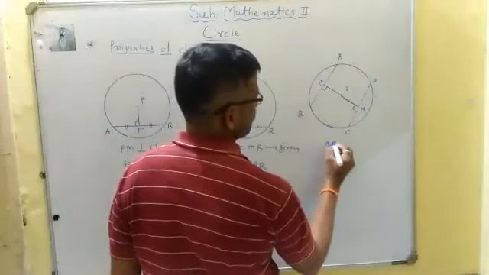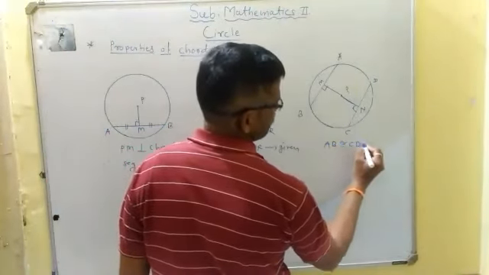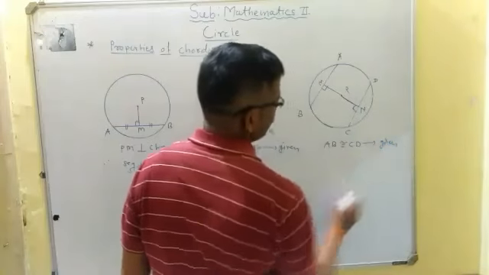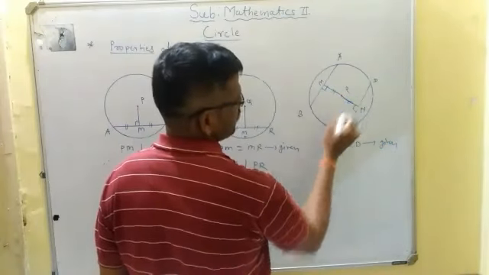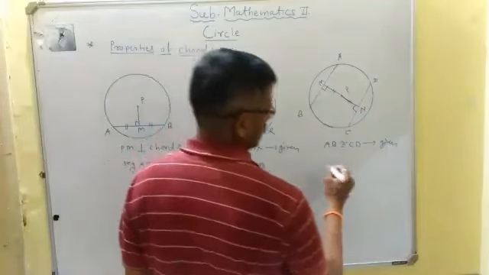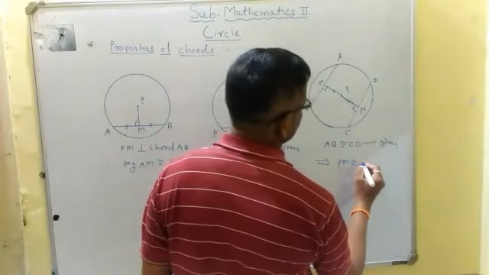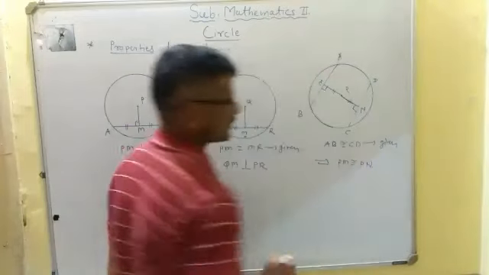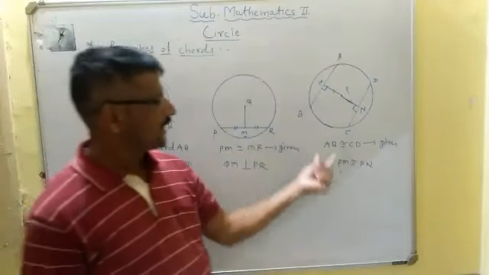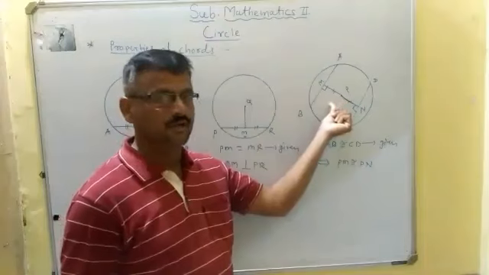Chord AB is congruent to CD, that is given. Then the distances of those chords from the center are congruent. That means here we get PM congruent with PN. That means congruent chords are at a congruent distance from the center of the circle.